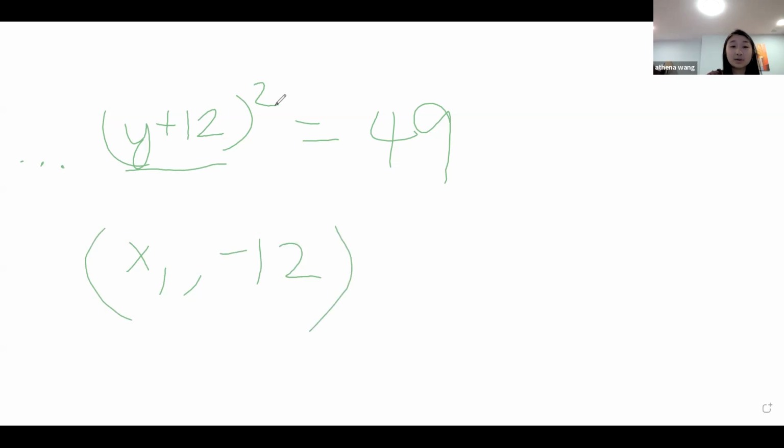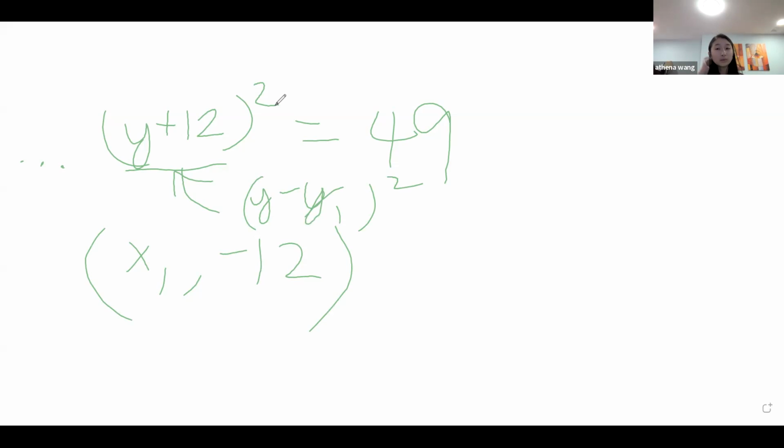Because this part is actually adding, so it's subtracting a negative number. From our general form, it's always going to be subtracting. Our general form has y minus y1 squared. So that means that the center is going to be at some x value, comma negative 12.